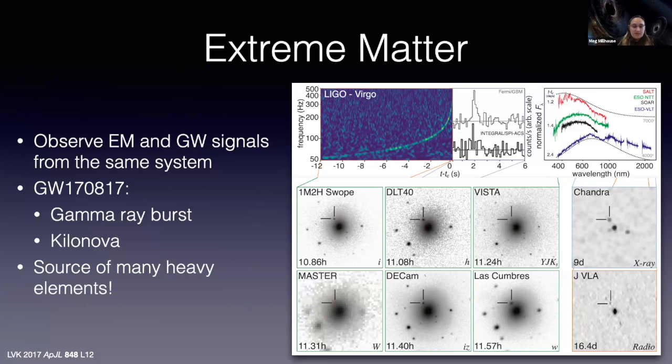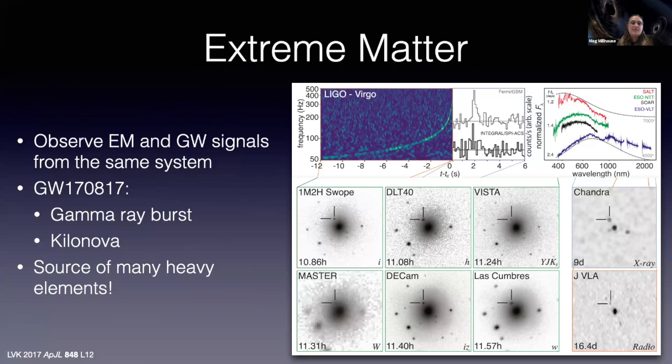But then even after that, using the estimated sky location from LIGO and Virgo, astronomers were able to pinpoint the exact place this signal was coming from and observe this signal across all different wavelengths. And almost every telescope in the world, I think, was pointing at this event at one point.